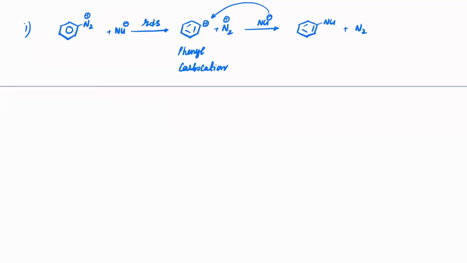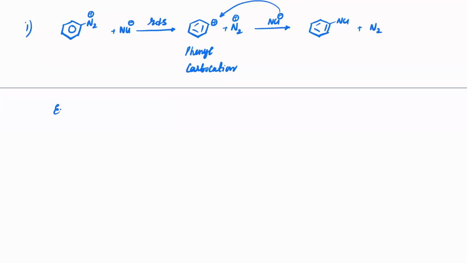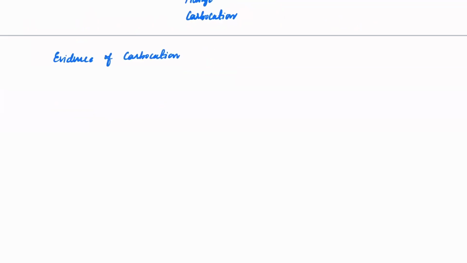Now, what is the evidence of carbocation? That is, it is going via ArSN1. How do we prove that? See, in case you have N triple bond N with a plus charge here, and let's say we make this nitrogen an isotopic nitrogen, then what has been noticed is that on very mild heating you will get a positive charge here with N triple bond N, and this is that isotopic nitrogen.